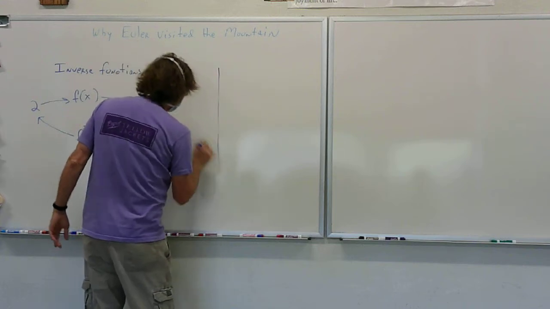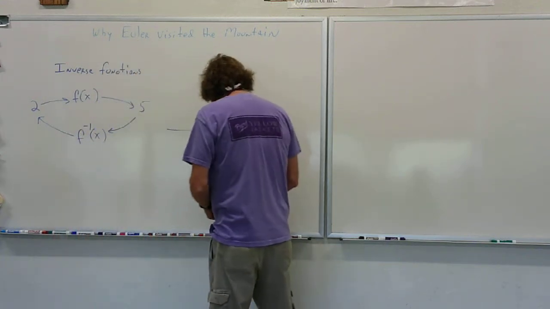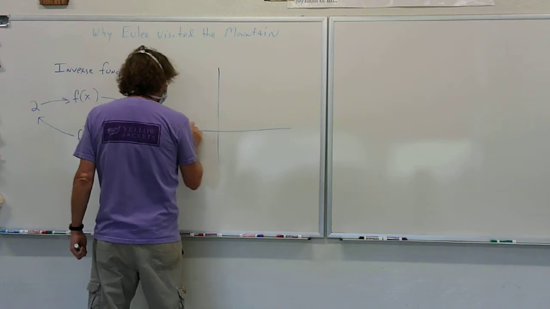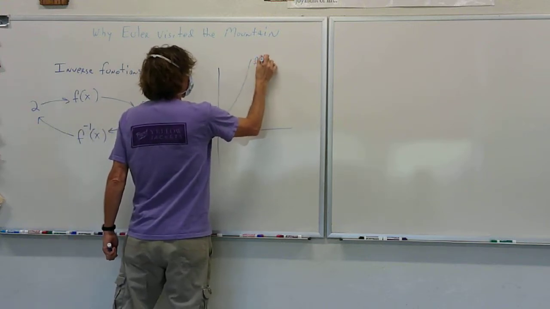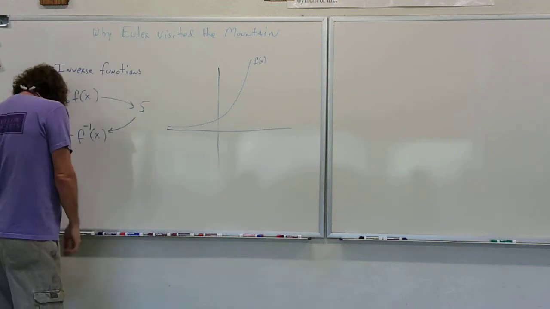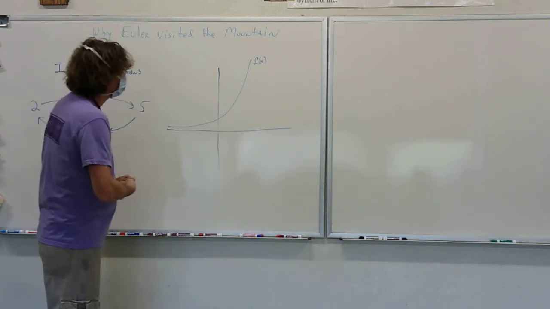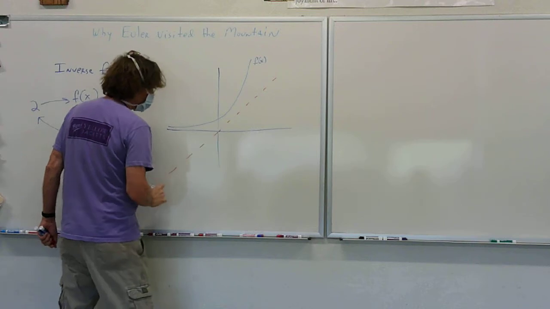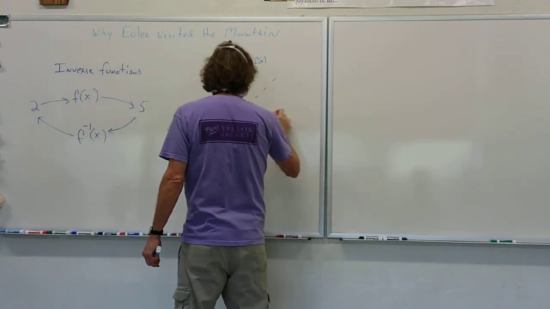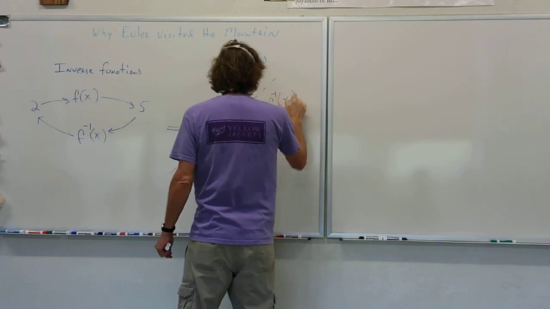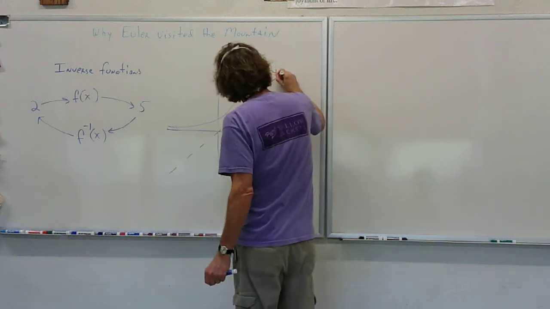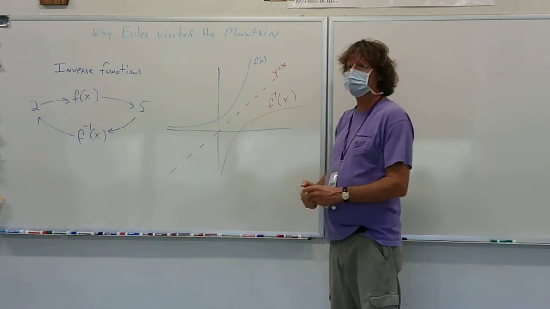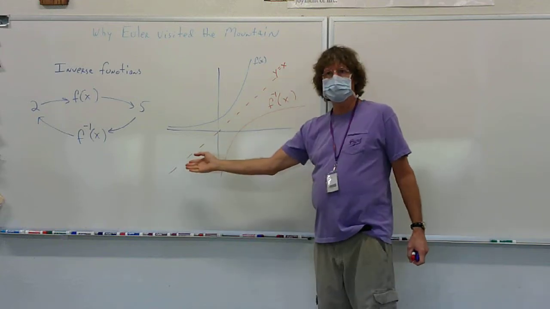One is, if you have your original function, call that one f of x, and then you have your inverse function, the original and the inverse are symmetric with y equals x.